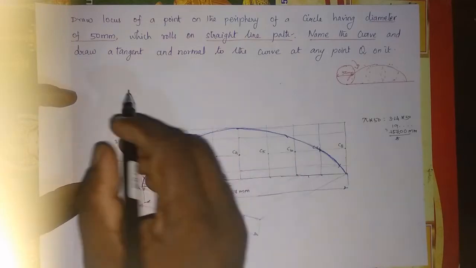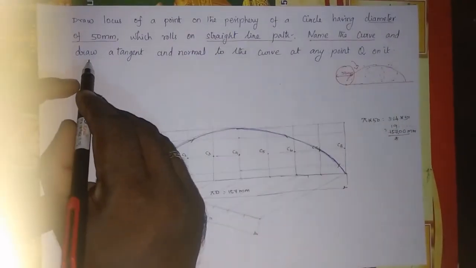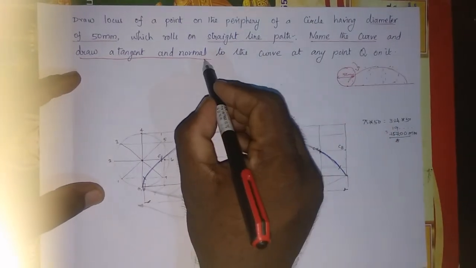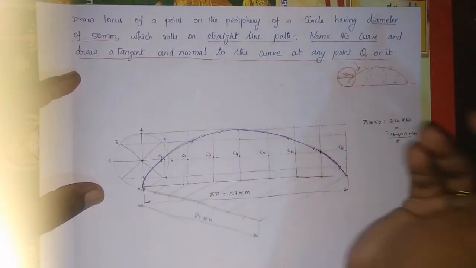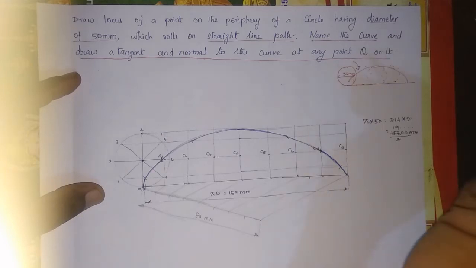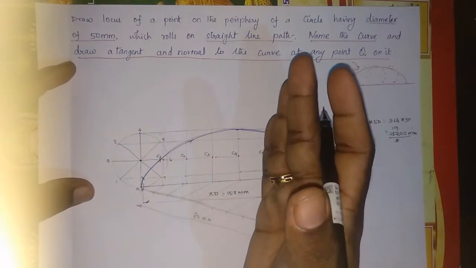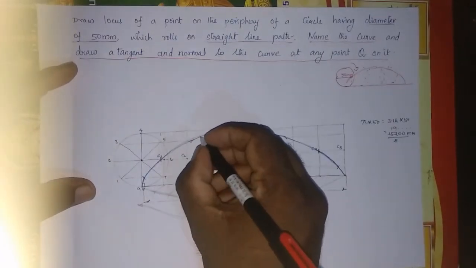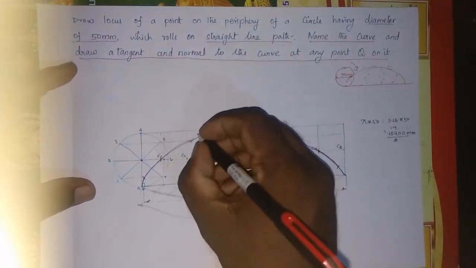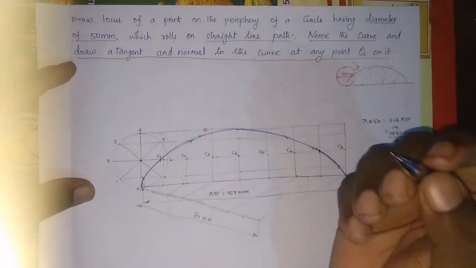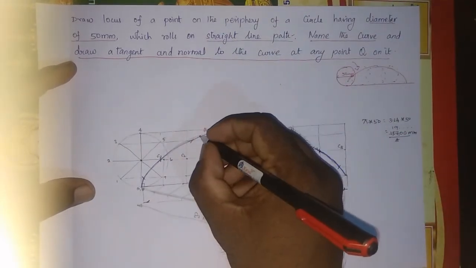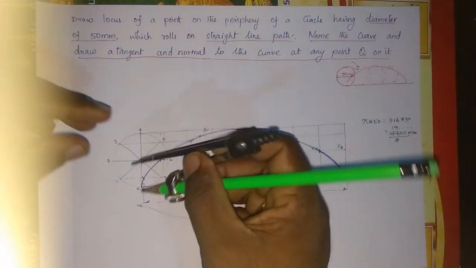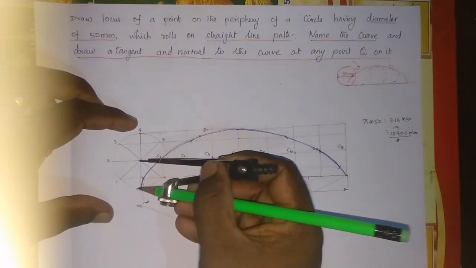And now the second part given in the question is to draw a tangent and normal to the curve at any point Q on it. So if I have a point here, this is the point Q, I just take the compass with the same radius.